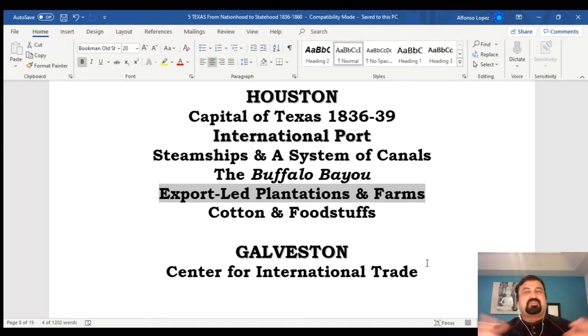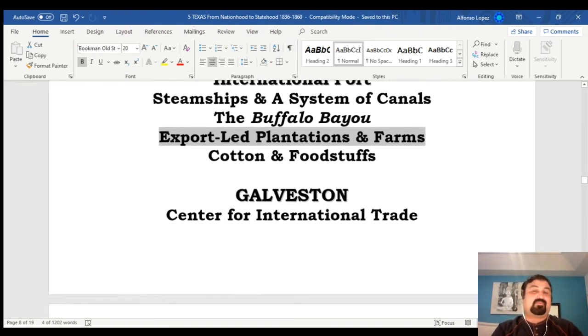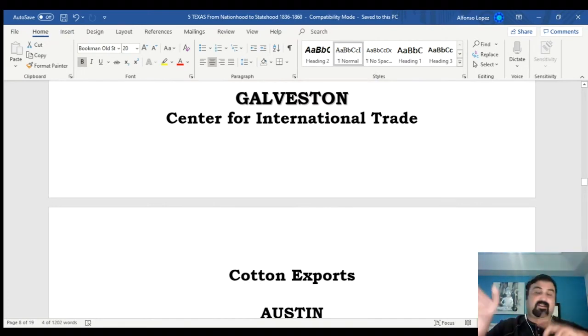This is going to lead Houston to become perhaps one of the largest cities in Texas initially because of its strategic location, situated on the Gulf of Mexico with direct access to the sea. Ships were coming from many different countries to pick up products, so it contributed to the development of the Texas economy and of Houston.